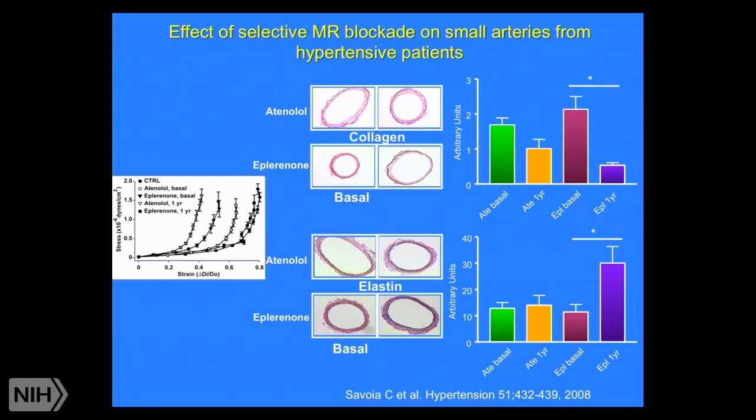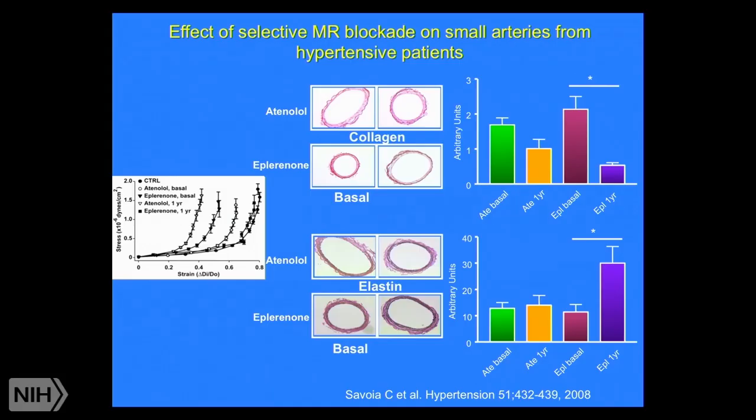That was quite surprising. However, stiffness of vessels was significantly improved by the mineralocorticoid receptor blocker eplerenone, which is a selective mineralocorticoid receptor blocker. And again, atenolol, our usual negative control, only worsened the stress-strain relationship, indicating, if anything, a further stiffening of these vessels.